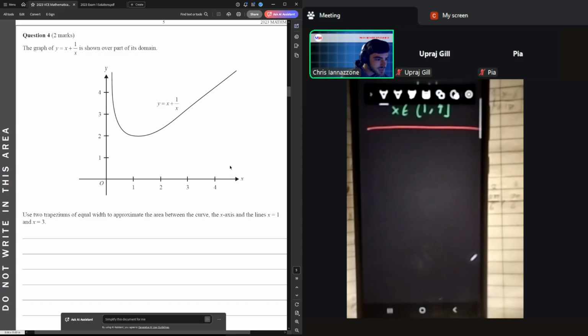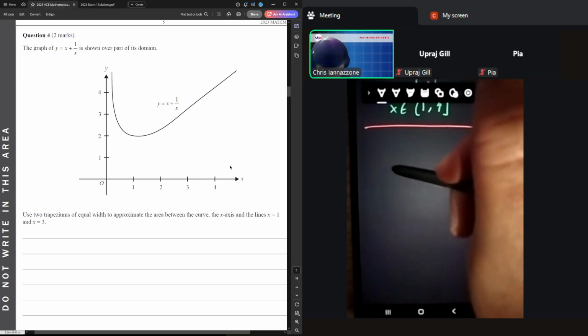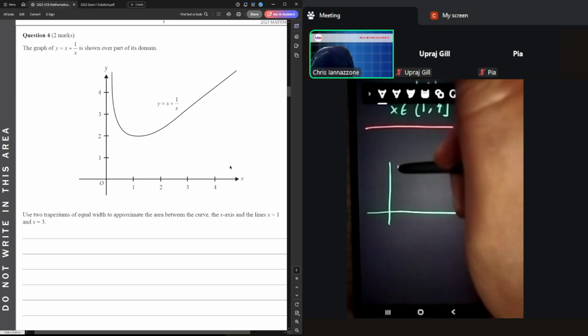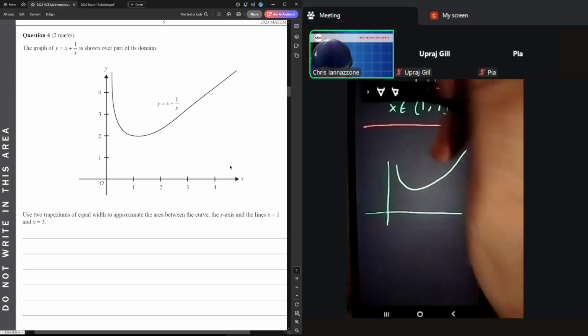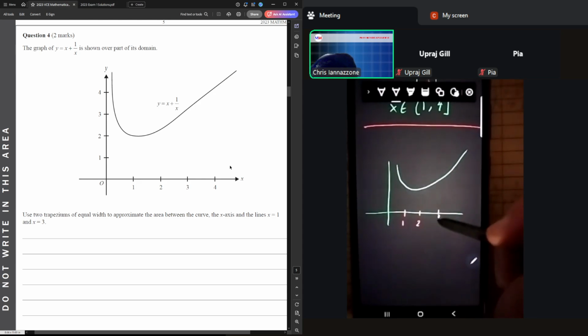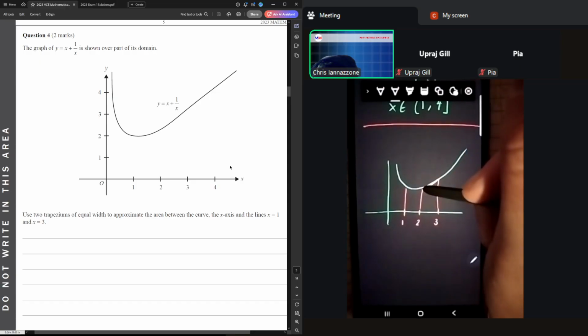That's the first thing you'd have to try and find, setting up your trapezoids. So let's have a look. We have the function curve, we have 1 to 3, so we have 1, 2, 3. They're supposed to be equally spaced trapezoids, which is why it's going to look basically like that.